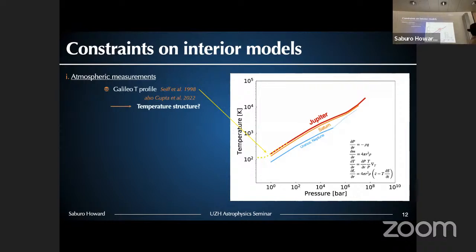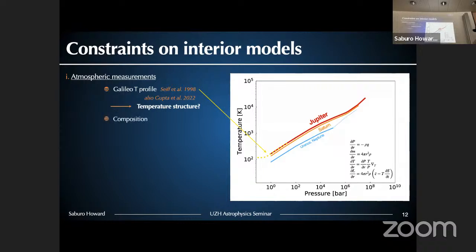So of course, it was dropped in one single location of the planet, so the representativity of this measurement over the whole range of latitude and longitude is still a matter of debate. And in the deep interior of your planet, the temperature structure remains uncertain. So we traditionally assume that it was adiabatic, but now with this potential composition gradient due to this dilute core, it may not be adiabatic anymore.